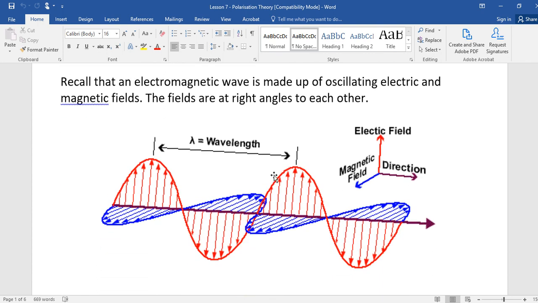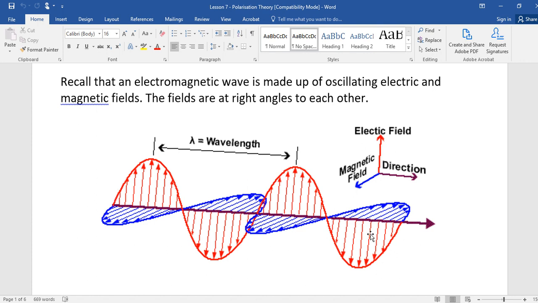How does it work? Well, what do we mean by polarization? Here is a picture that we're hopefully all familiar with now, an electromagnetic wave. This is an example of light or microwave radiation or radio waves or anything like that. They have these oscillating electric and magnetic fields. The red here is the electric field, going up and down like that.